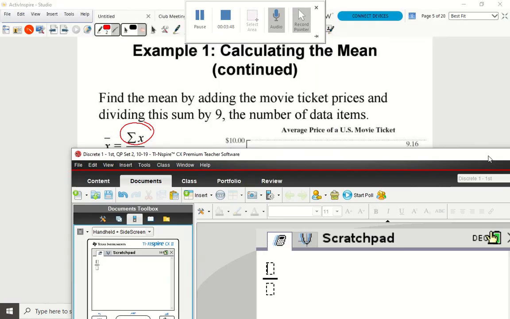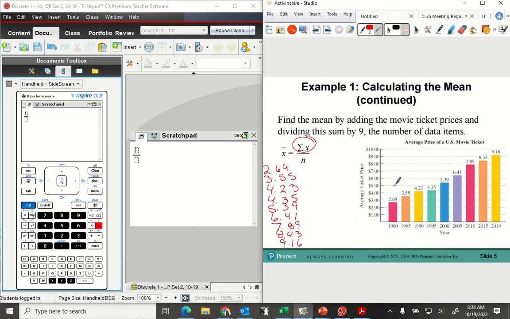And then I'm going to start entering all those numbers on top: 2.69 plus 3.55 plus 4.23 plus 4.35 plus 5.39 plus 6.41 plus 7.89 plus 8.43 plus 9.16.